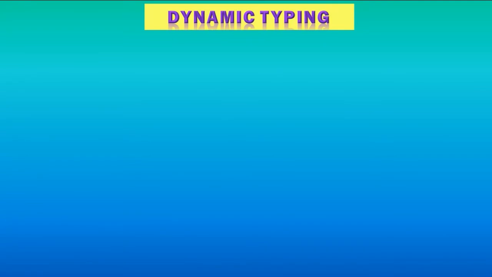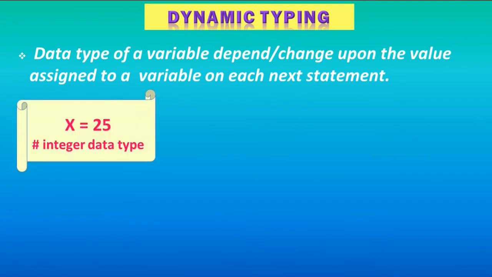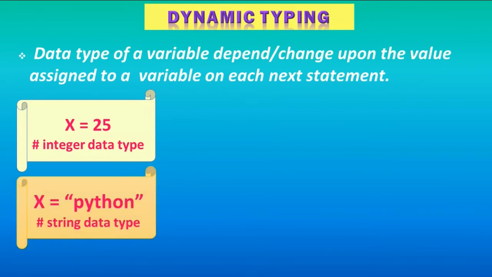Now we need to see what is dynamic typing. Data type of a variable depends upon, or changes with, the value assigned to the variable in each next statement. What do we mean by that? Let us see the example. x equal 25. Initially the value 25 is assigned to x, which is of integer type. On the very next moment, we are assigning the string value Python to the variable x.